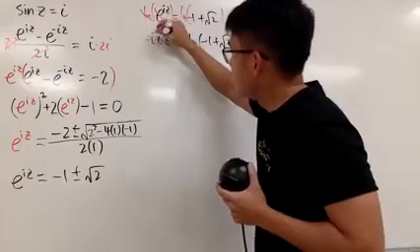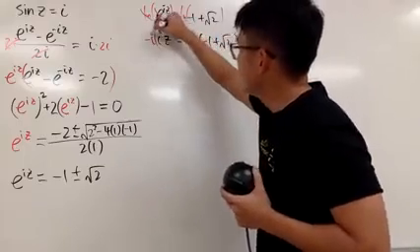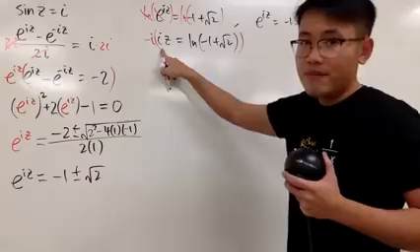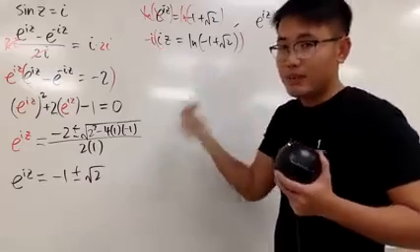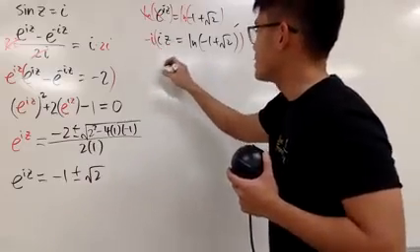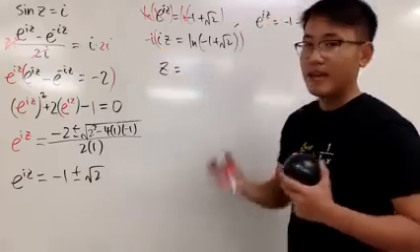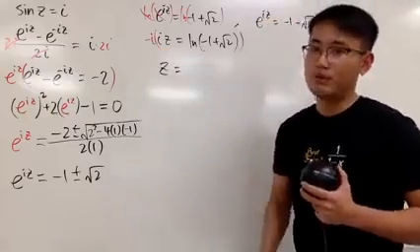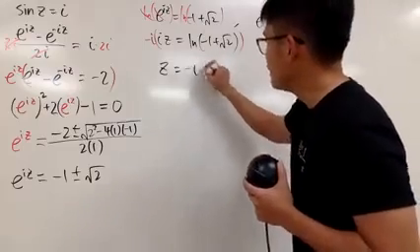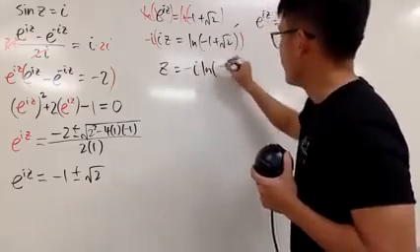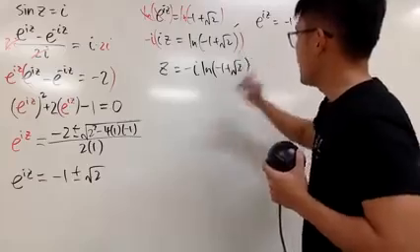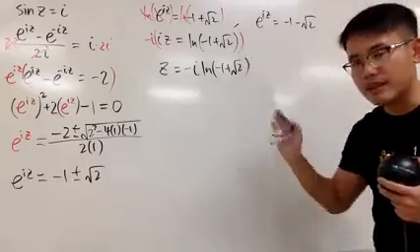Let's multiply by -i throughout this equation, so that i times i is -1 times another negative, we get positive. Therefore, I still get my positive z by itself like this. And then I just have to do this times that. I don't need i to be on the bottom if I don't want to, right? So we get -i natural log of -1 plus square root of 2, like that, and we are done. And this is the first answer.